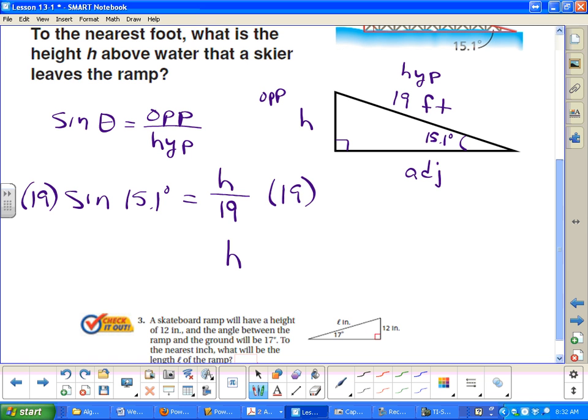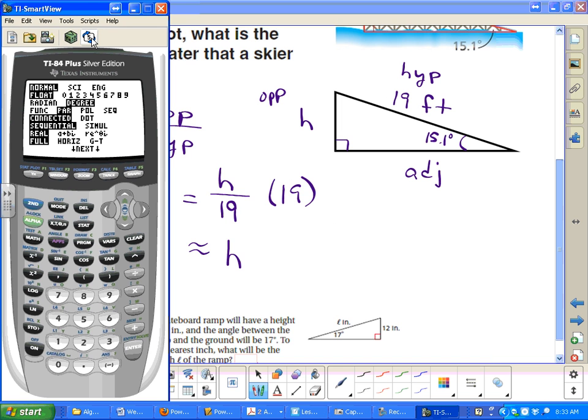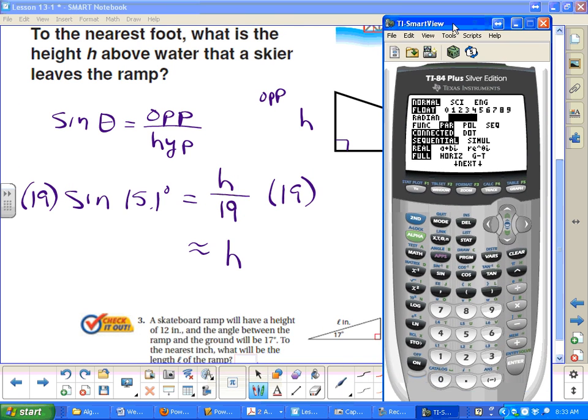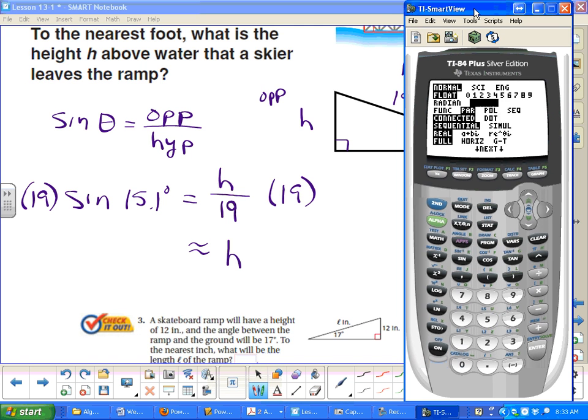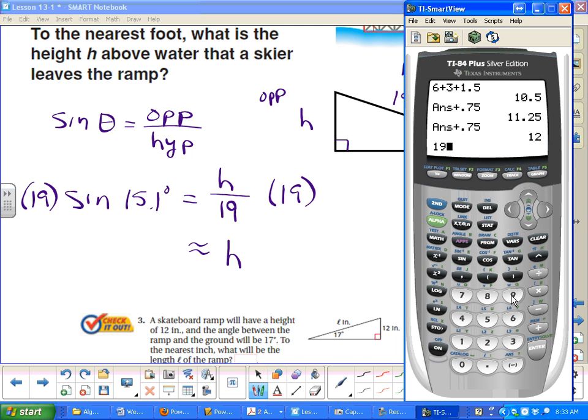So to find h, in this case, it says we're going to do it to the nearest foot, so we'll find the approximate answer first and then write our actual answer down. So we'll go to our calculator. And we'll just do 19 times the sine of 15.1.